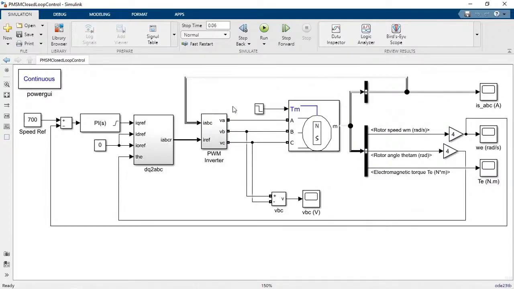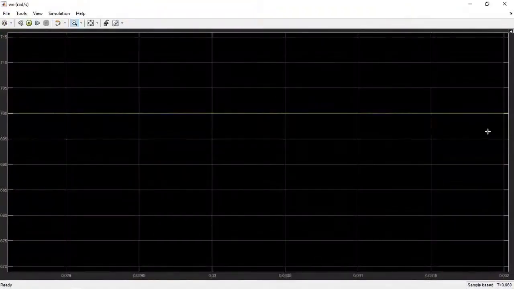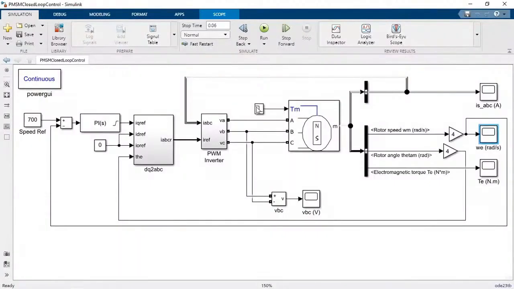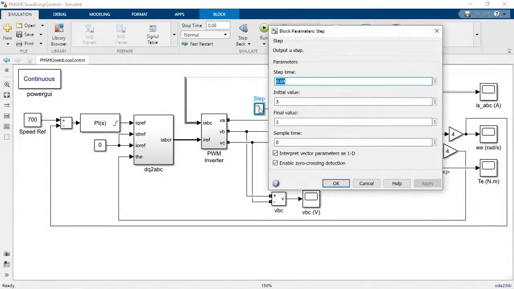Now we have to understand how this motor will give you a constant speed at any torque fluctuations. In this simulation, 700 is the reference speed. If you run the simulation, you can see it has reached 0 to 700. During that, the torque has changed.